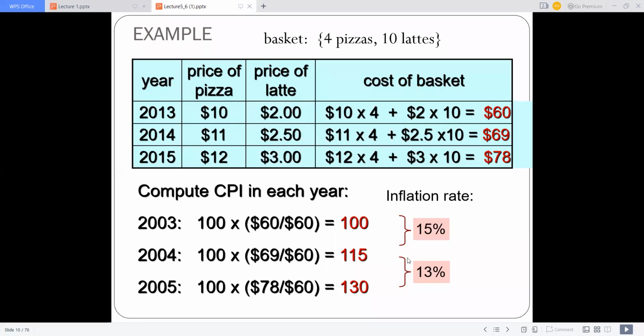If I want to compute the inflation rate for 2005, I'll use 130. So 130 minus 115 all over 115 times 100. So the current year minus the previous year all over the previous year times 100.